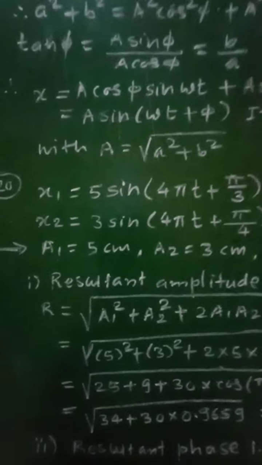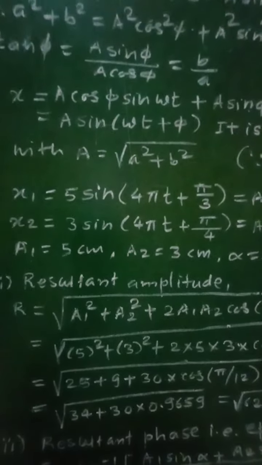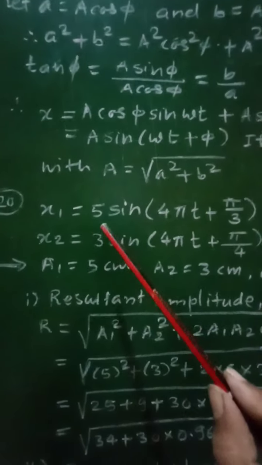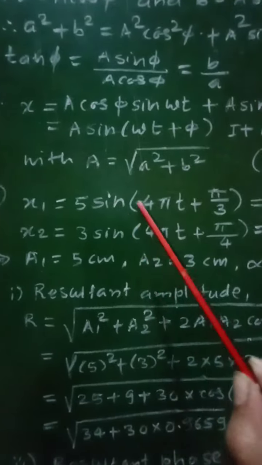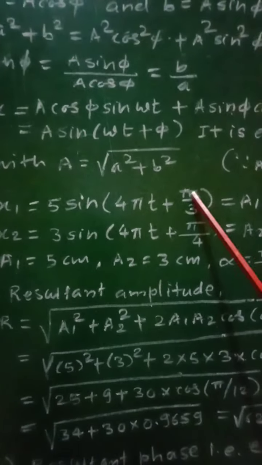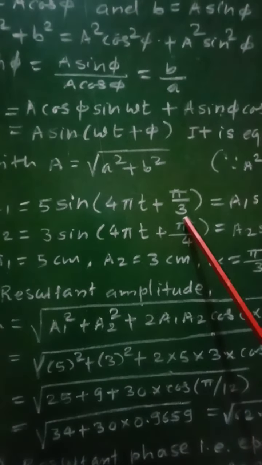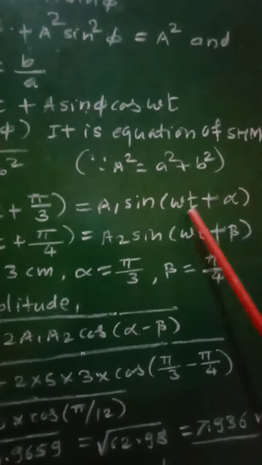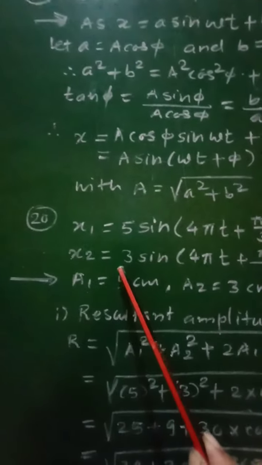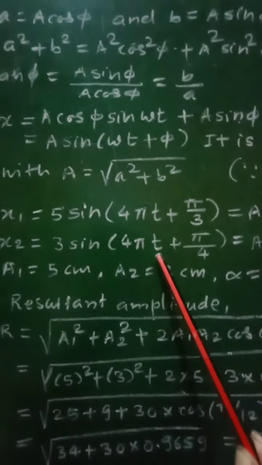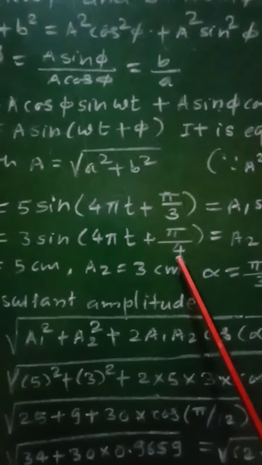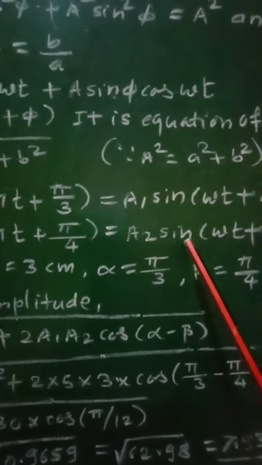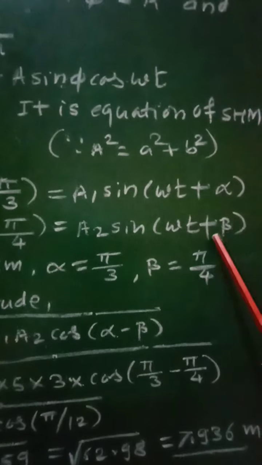For this numerical, the given data is x1 = 5 sin(4πt + π/3), which is equal to a1 sin(ωt + α). Similarly, x2 = 3 sin(4πt + π/4), which is equal to a2 sin(ωt + β).